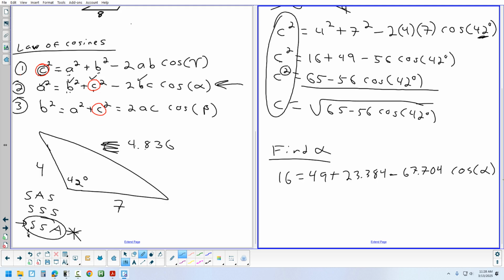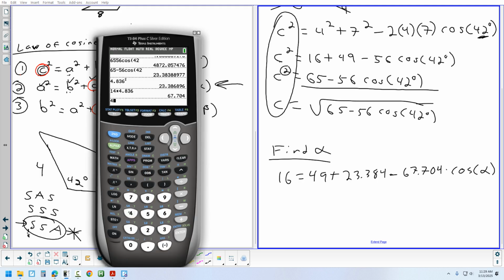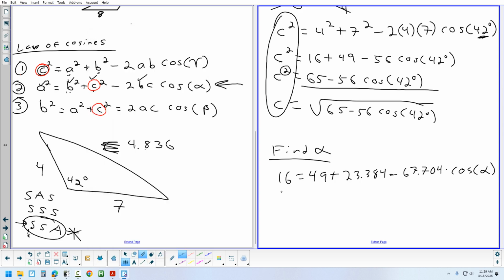Everything besides the 67.704 and cosine alpha. We can't do anything with the 67 right now because that's multiplied by the cosine. So 49 plus 23.384 gives you 72.384.